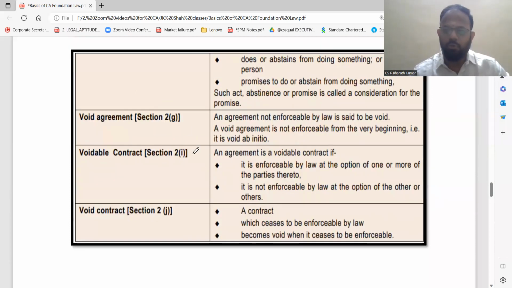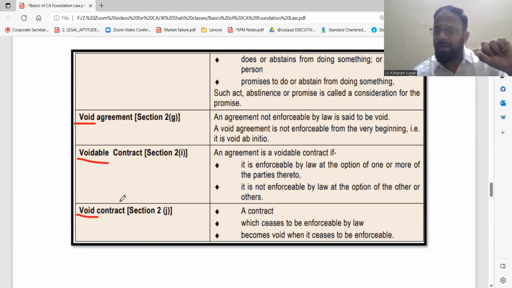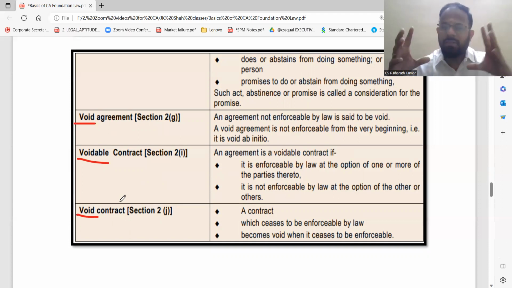We did not stop with 2H. We are saying what is void. We are also saying what is voidable. And we are also saying what is a void contract. Now, void agreement is different from void contract. You will not even go inside a contract when it is void ab initio. That means right from the beginning, when it is not enforceable, you cannot make it a contract.